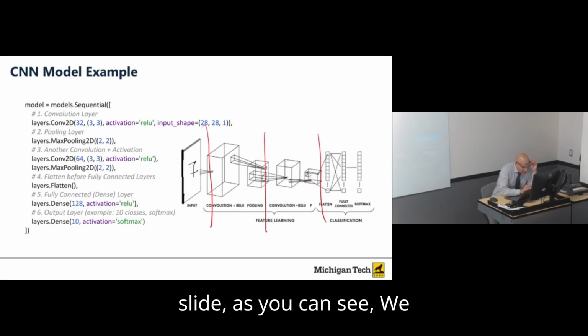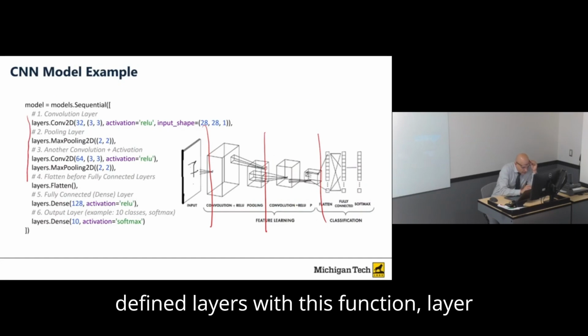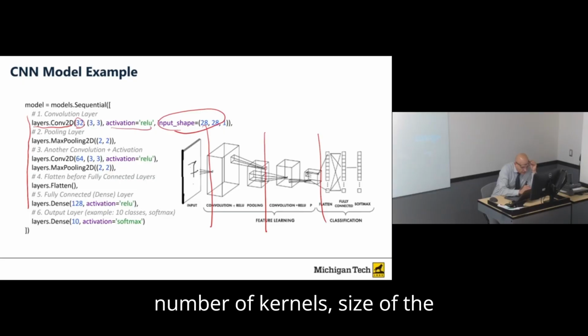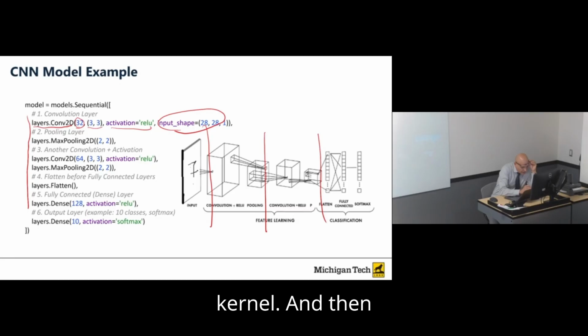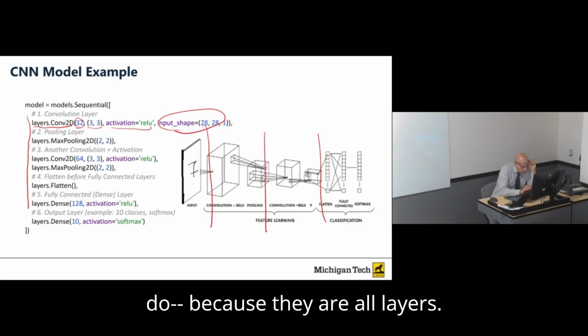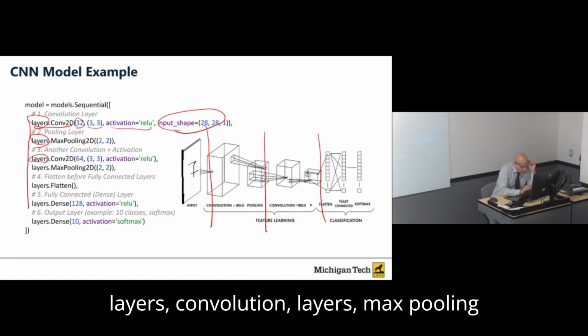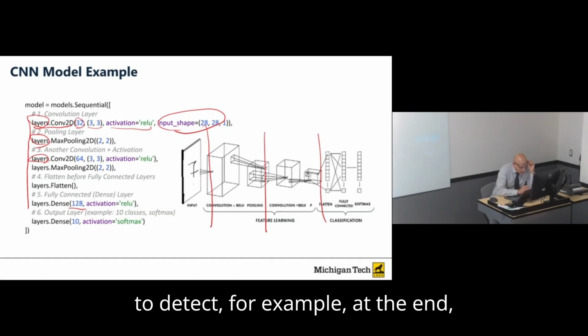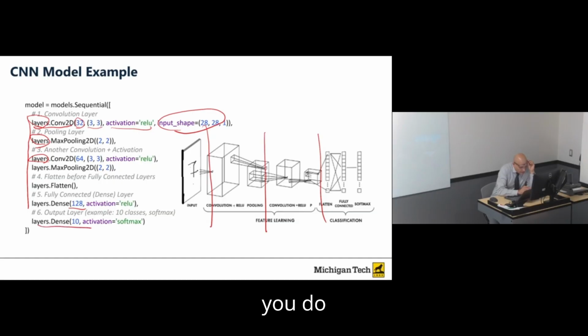In the last slide, as you can see, we defined layers with this function, Conv2D, which gets the input, activation, number of kernels, size of the kernel, and then in the next layer, because they are all layers, max pooling, then convolution layer, max pooling again, flattening, and a 128 dense layer, and at the end you do softmax with 10.